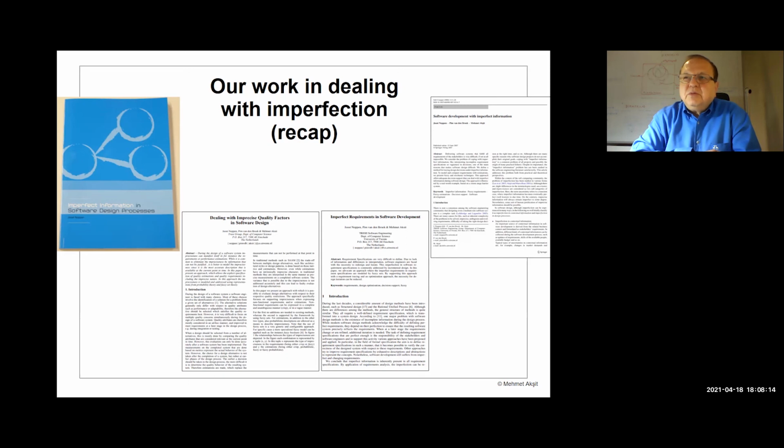Here in this slide, I am showing you some of the publications we have made related to the imperfect information problem. I have presented these publications and also the other related work on the imperfect information problem. Therefore, I am not going to repeat them here again. You can refer to the previous talk.